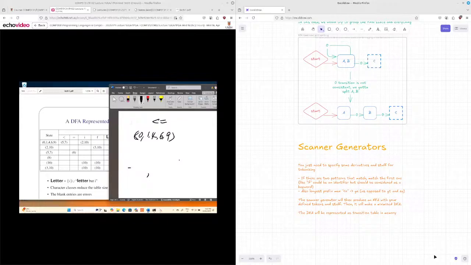Remember, in our scanner, we have a current char, which is pointing to this. I don't know how rusty you are, there's a current char always pointing to the next character you need to process. So this is where the current char is. You start from here, you can make decisions. So now just look at the table. I'm going to move to 5.7.